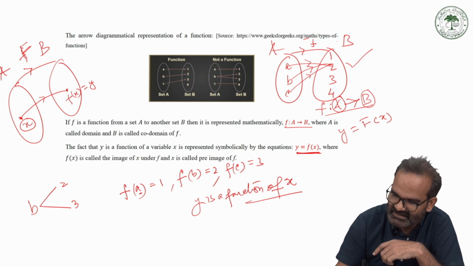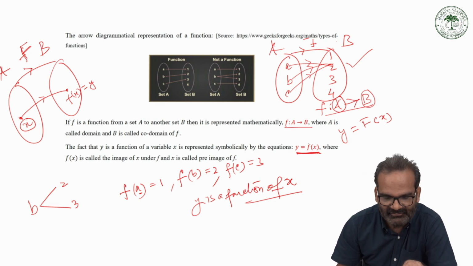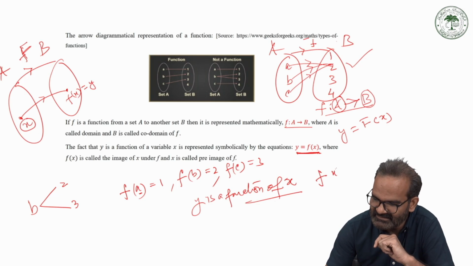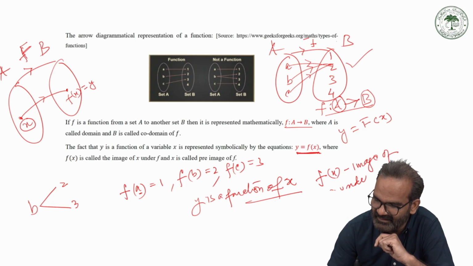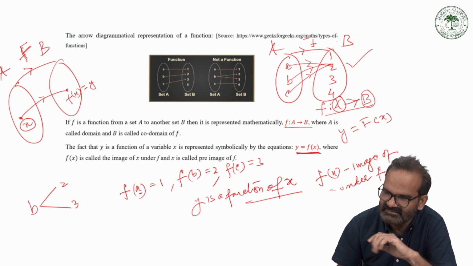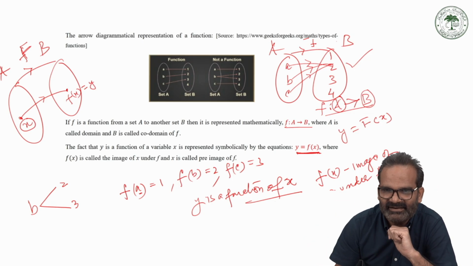We will use the same symbol here, where f(x) is called the image of x under f and x is called its pre-image. So naturally f(x) is called the image of x under f, right? So naturally x will be called a pre-image of f(x).